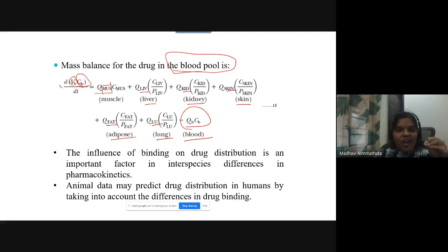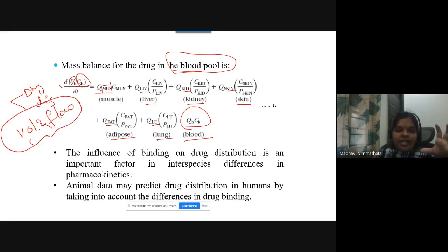So only one thing you have to remember here, we are considering our organs or tissues. The drug deposition will depend upon the volume and the blood flow to the organ. So the drug is depositing based on these two parameters.